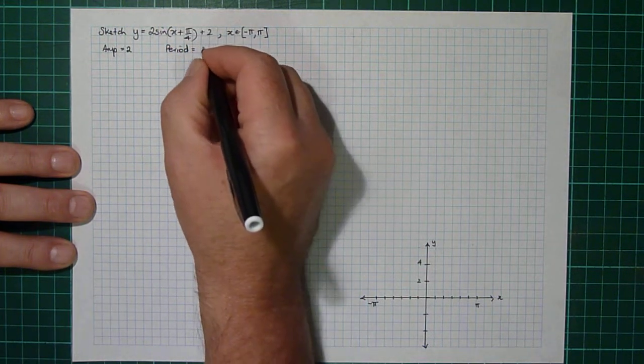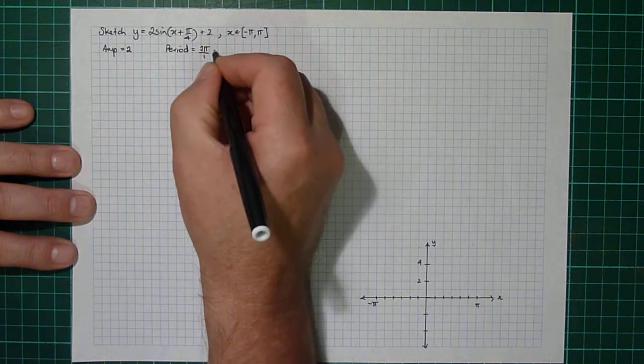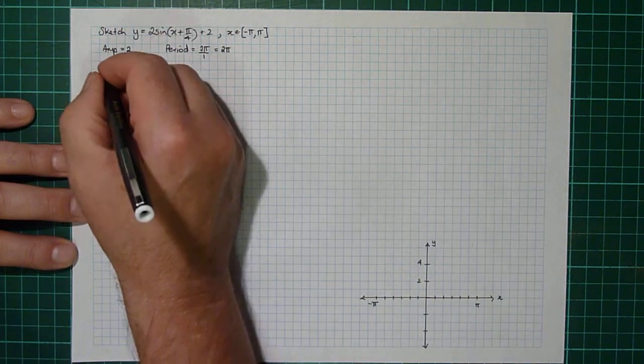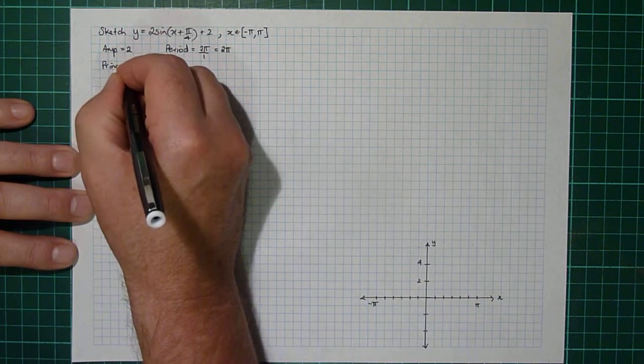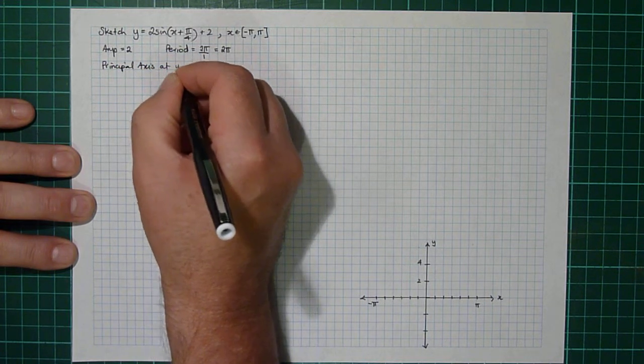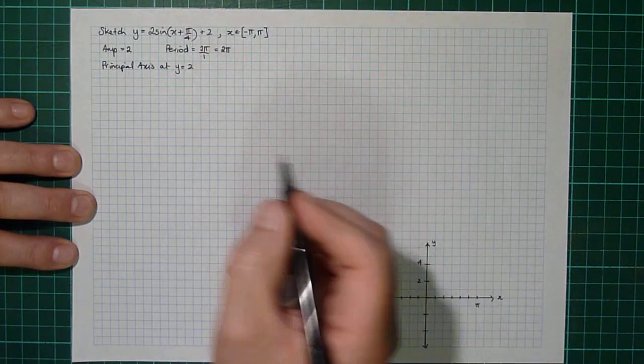The period is equal to 2π divided by the coefficient in front of x, which is 1, which is 2π. We can also say that our principal axis, which is normally at y equals 0, is going to be shifted up by 2, so it's at y equals 2.